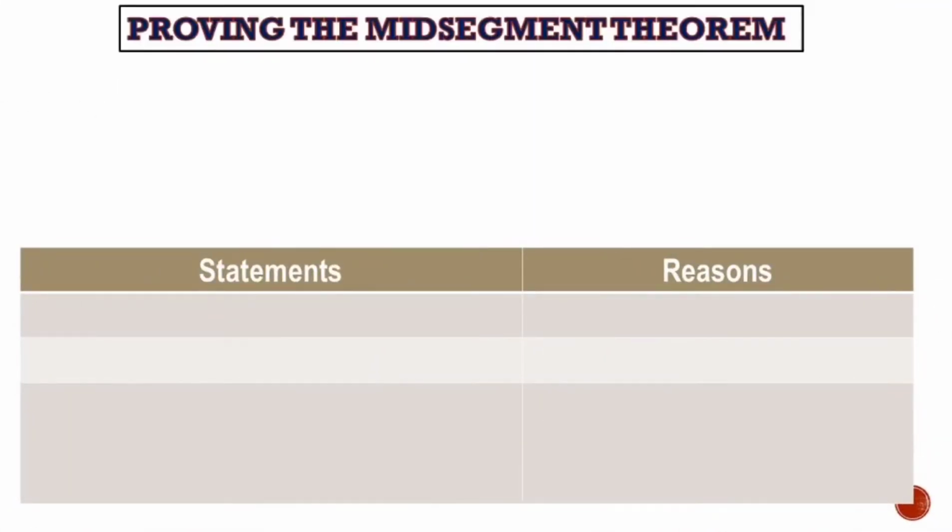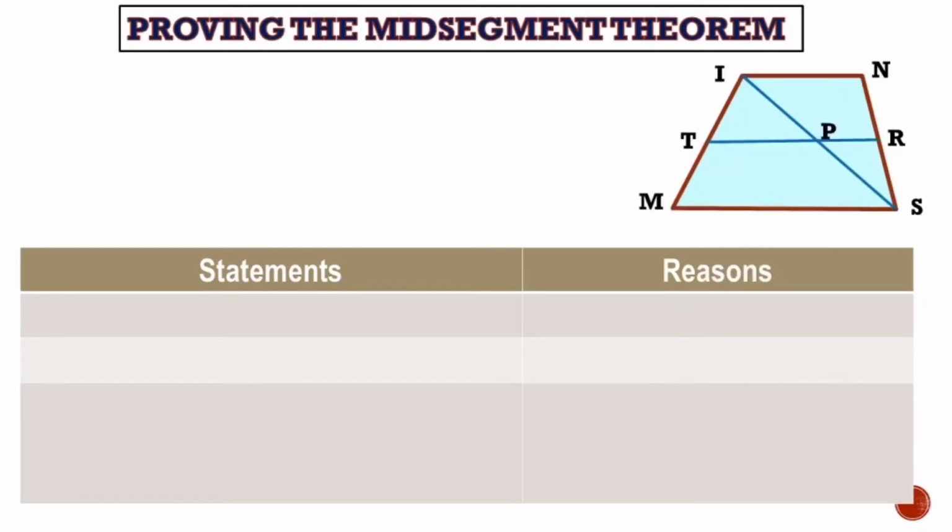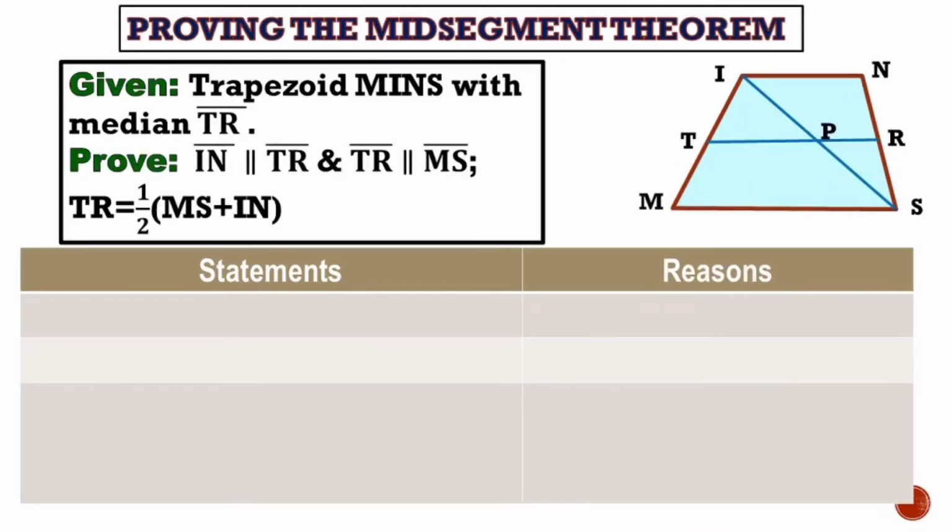Okay, let's now prove the midsegment theorem. Given trapezoid MINS with median segment TR, let us prove that segment IN is parallel to segment TR and that segment TR is parallel to segment MS. Also, we are to prove that TR is equal to 1/2 the sum of MS and IN.